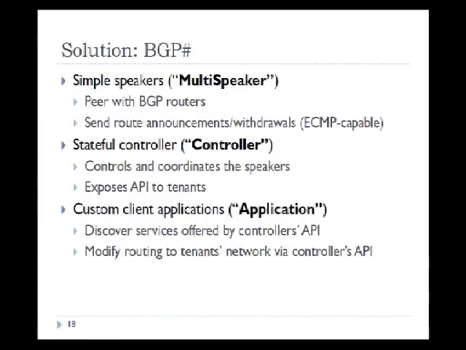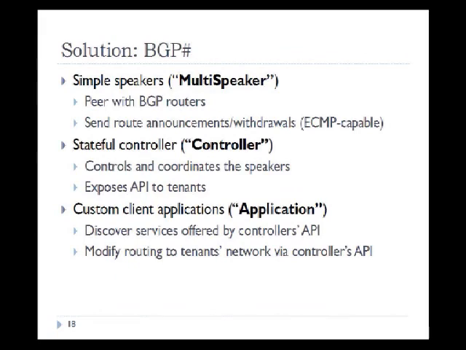The solution that we suggest is called BGP Sharp, and it contains three components. The first component is a simple speaker, which I'll refer to as multi-speaker from now on. It pairs with BGP routers, and it just sends route announcements and withdrawals. A single multi-speaker instance is able to set up multiple peering sessions with the router, so it's able to perform ECMP.